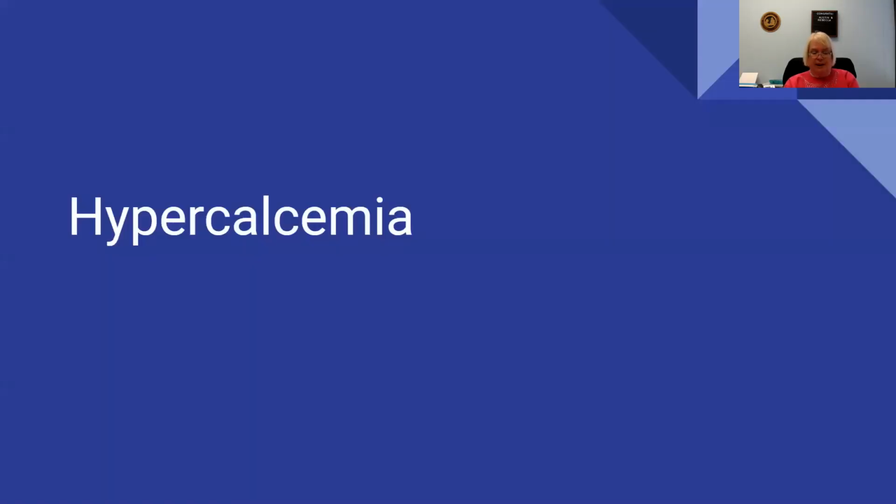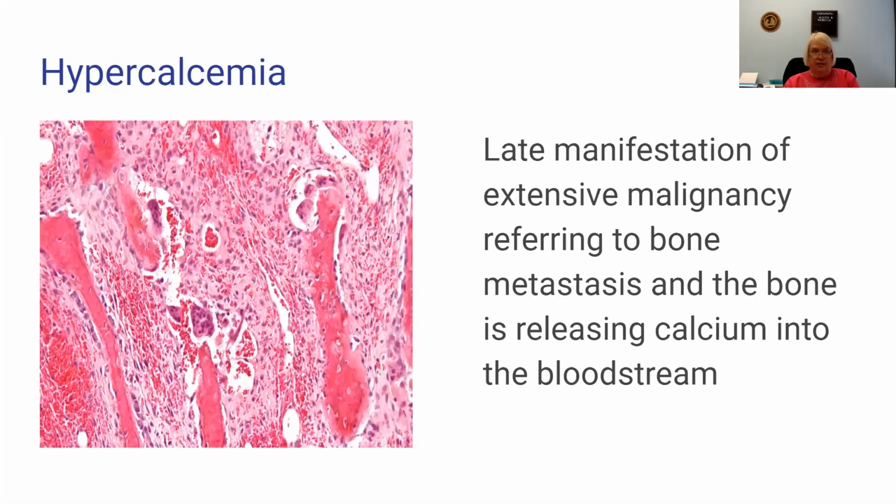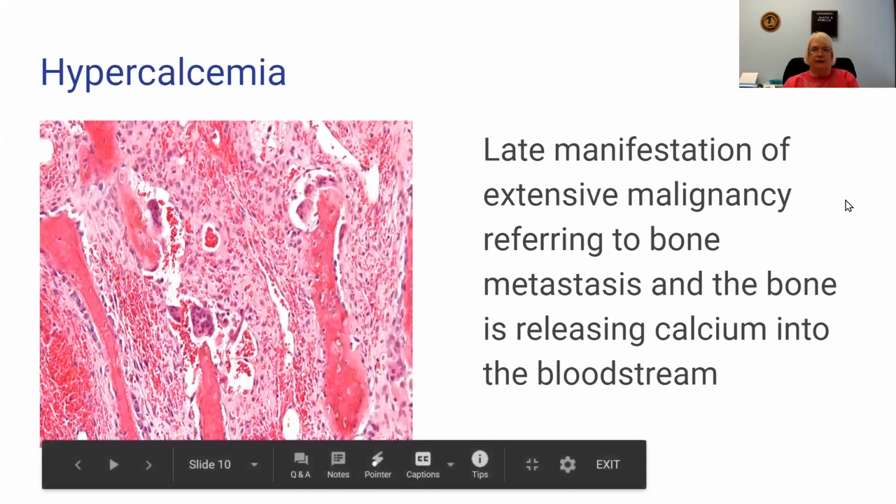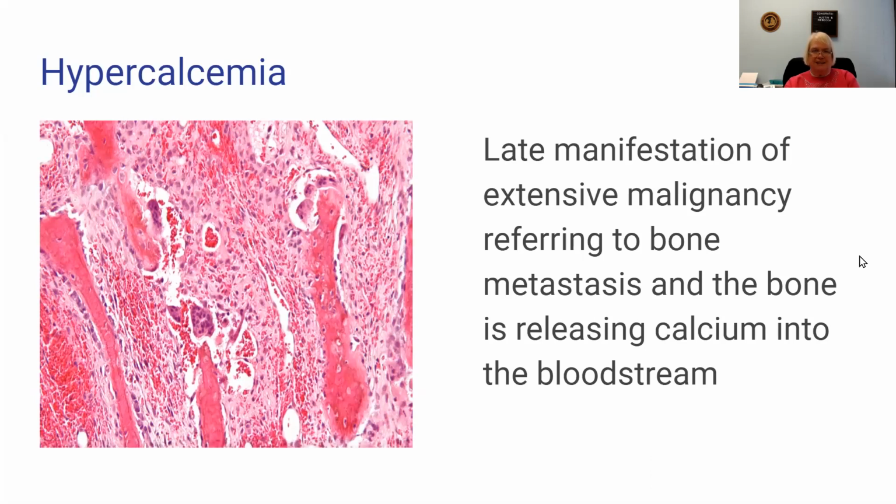And hypercalcemia, this is because of late manifestation of extensive malignancy, referring to the bone metastasis, and the bone is releasing that calcium into the bloodstream. So early signs and symptoms would be fatigue, anorexia, nausea, vomiting, constipation, and polyuria.